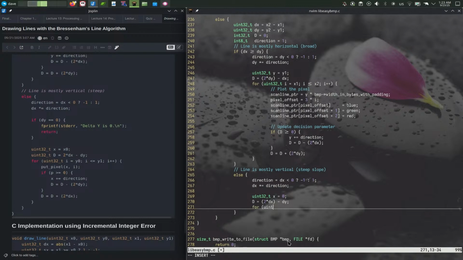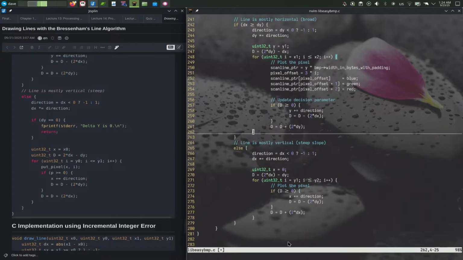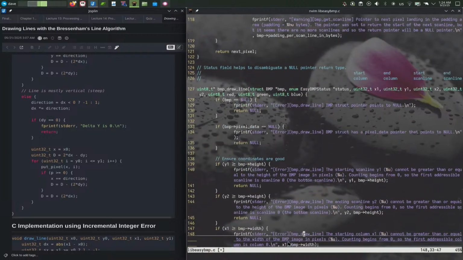So and that's it. So now this should return a pointer to the next byte that would be written to.